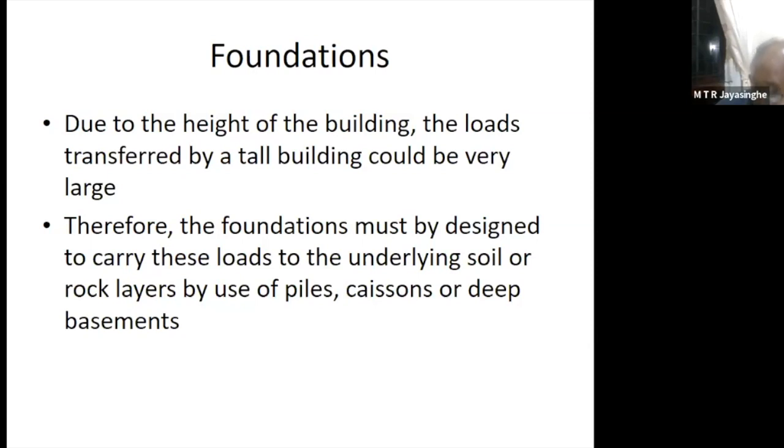To ensure that this kind of high capacity is available, we used 60 megapascal concrete in piles. Then you'll ask, what is the cost difference between 30 megapascal concrete and 40 megapascal concrete? Per meter cube, the price difference is only about 1,500 rupees. It used to be about 1,000 rupees. Now it will be about 1,500 rupees per meter cube of concrete.